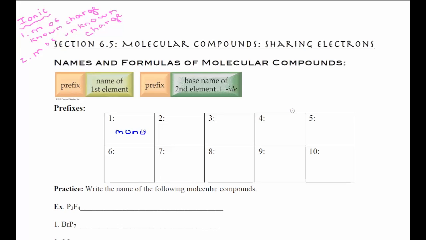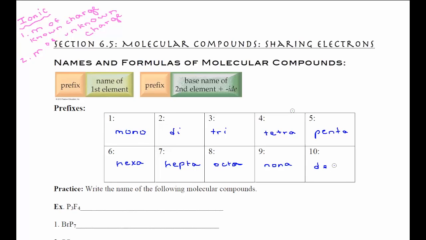Two of that atom is di, 3 is tri, 4 is tetra, just like tetrahedral, 5 is penta, like a pentagon, 6 is hexa, 7 is hepta, 8 of a specific atom is octa, 9 is nona, and 10 is deca.